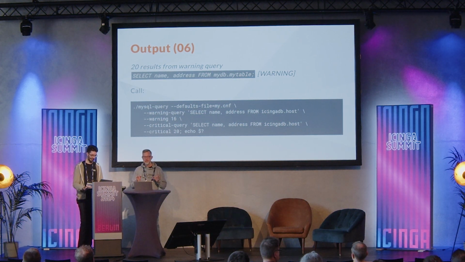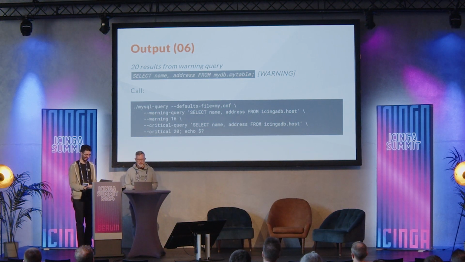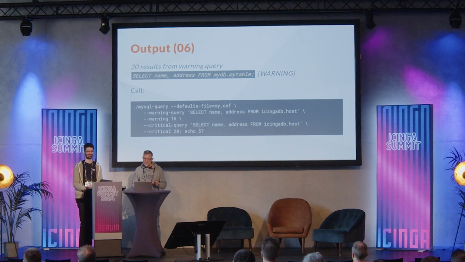It's time to test the plugin using a real-world scenario. I have the default file, my.cnf, a warning query. And let's say, to keep it simple, imagine you only run RHEL 8 hosts and compatible in your infrastructure, OK?